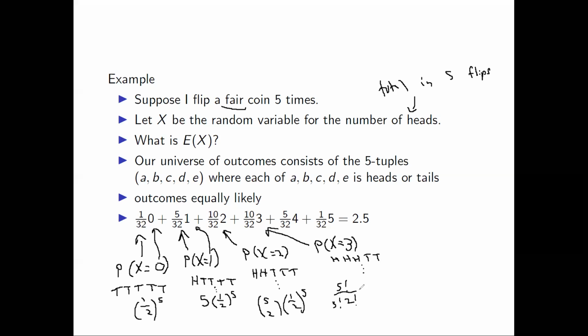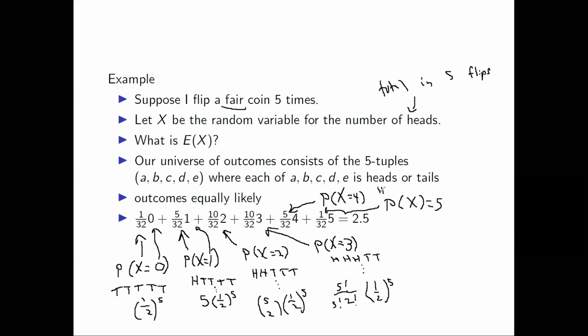That's 5 choose 3, which is still 10, just like 5 choose 2, and it's times 1/2 to the 5th. So we get the same thing as we got for X equals 2, so 10 over 32. And these two are also going to give us earlier numbers that we got. That's going to be the probability X equals 4. And this number is going to be the probability X equals 5.